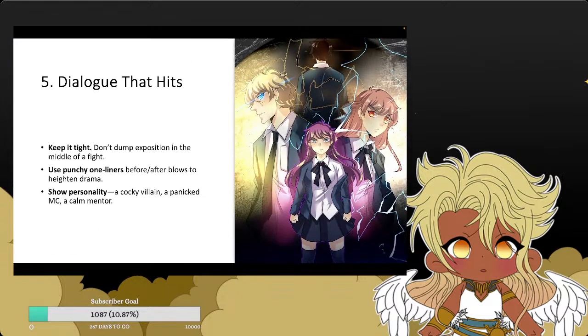All right, let's hit point number 5. Dialogue that just hits. So when you are using the dialogue, it's super important to make sure to use it effectively in an action series. So you want to keep it as tight as possible. So limit the flowery sentences, limit the expository information. So don't dump exposition in the middle of a fight.